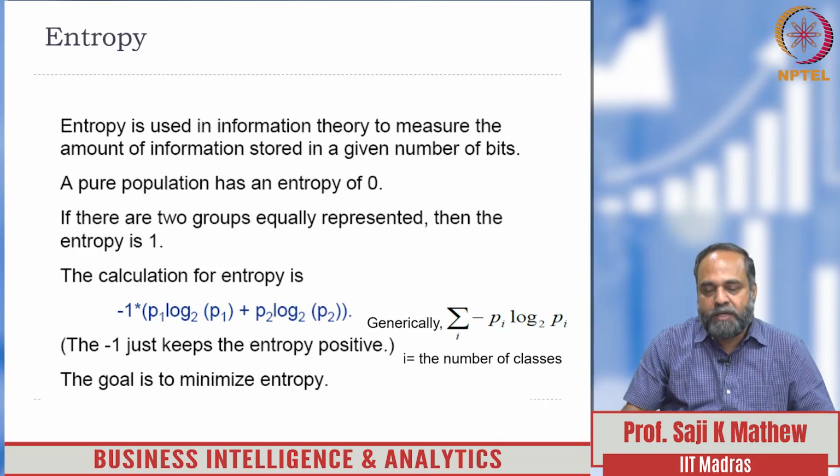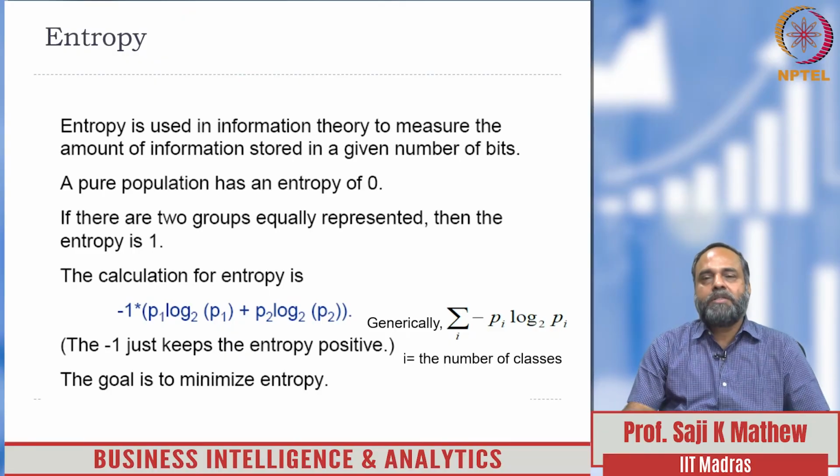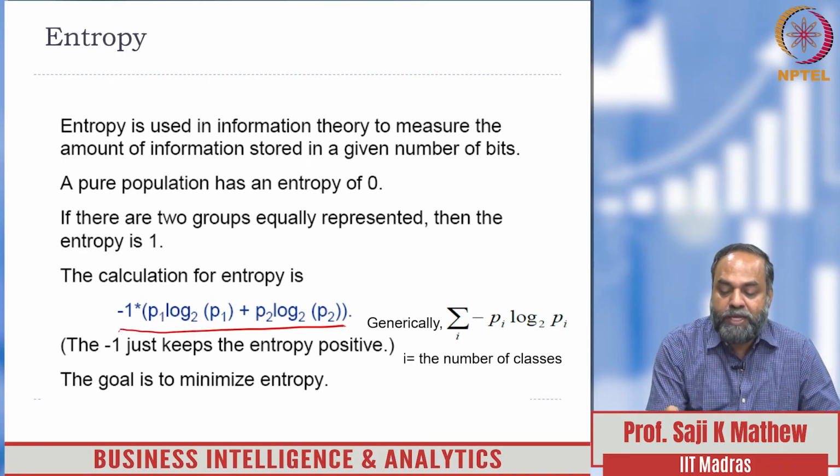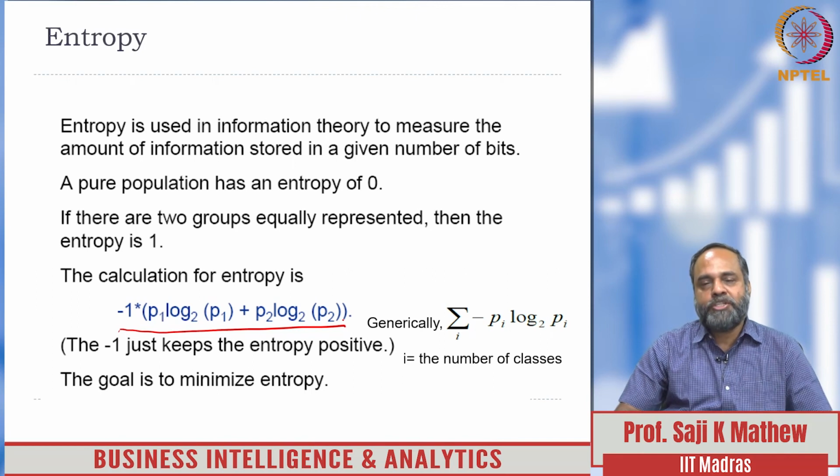A scholar of MIT, Claude Shannon, is also known as the father of information science. So he developed the science for doing data mining, and one of his contributions is this formula to calculate a measure similar to the Gini score when you use decision trees.